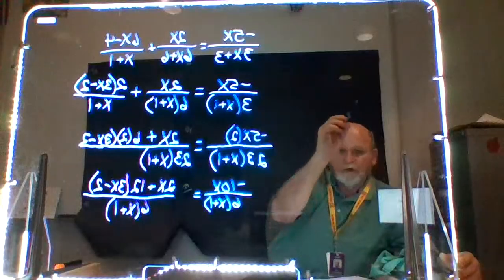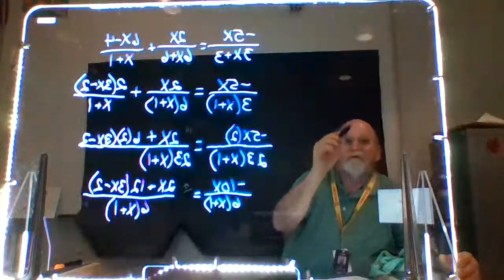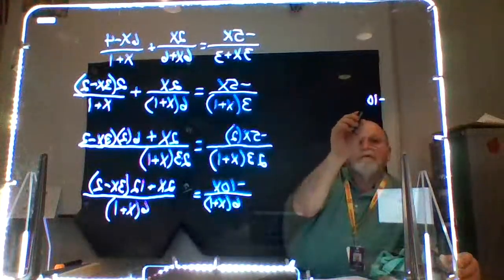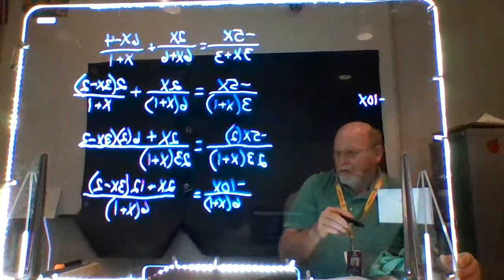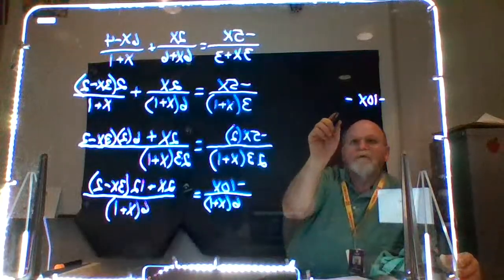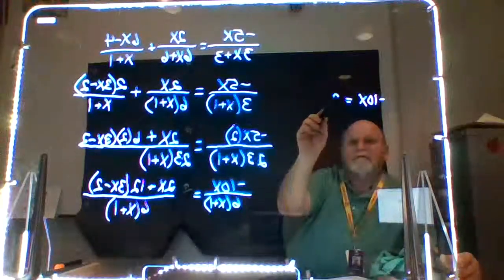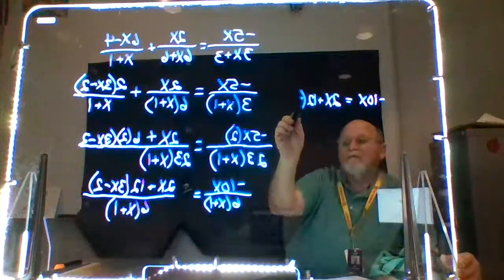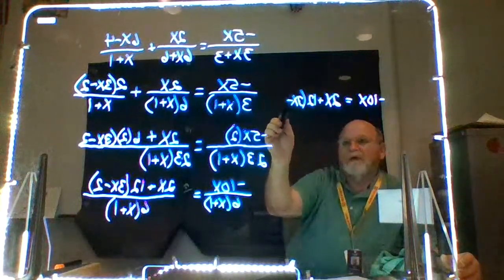So I'm going to move this over here. All right. So I have negative 10x equals 2x plus 12 times 3x minus 2.